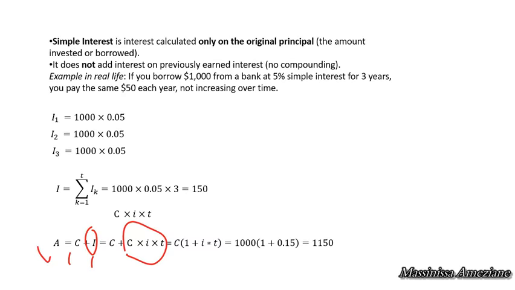So C plus this can be simplified as C times 1 plus the interest rate multiplied by the number of periods. This is how we find the simple interest accumulated value.